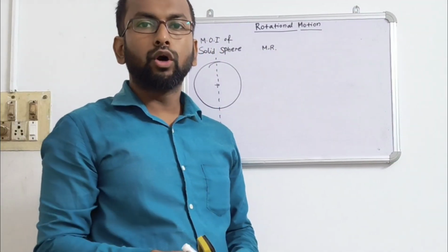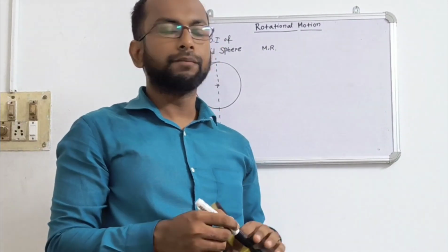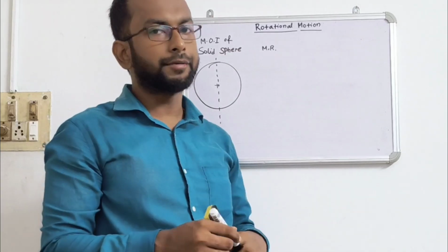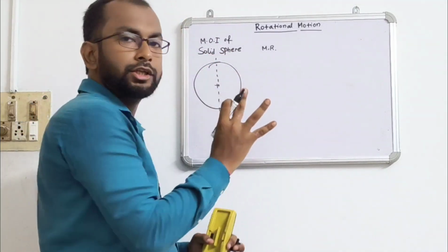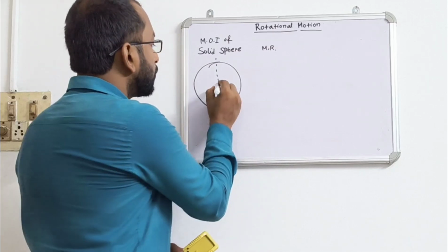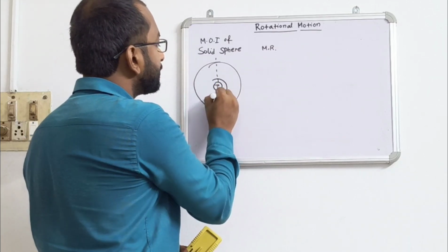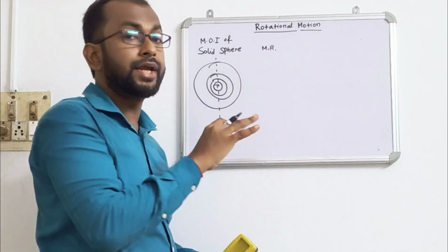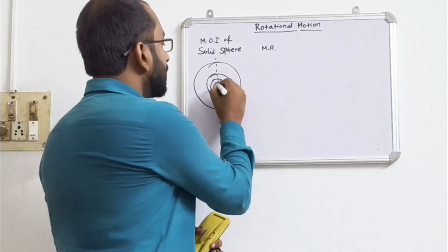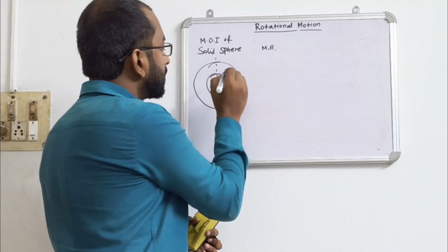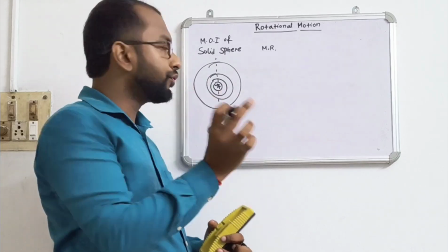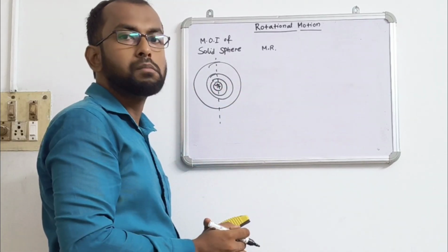Now let us find out what will be the moment of inertia for a solid sphere of mass m and radius r. See, one solid sphere is constituted of many small hollow spheres which are concentric but with varying radius. Right now, all the hollow spheres are a function of radius r.